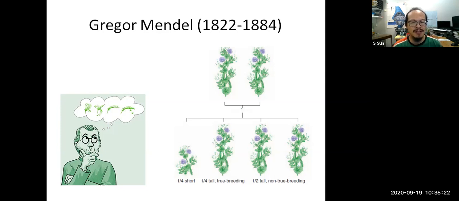He was curious about it, and that led him to propose the very famous Mendelian genetics. A lot of our situations still apply to his observation. Not his law, he observed the law, right? It's not a law he created, it was already there, he just observed it.